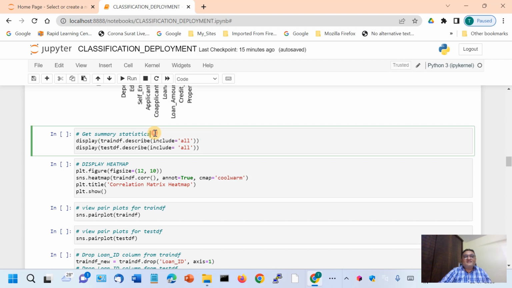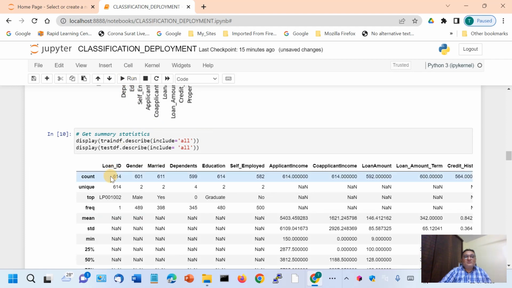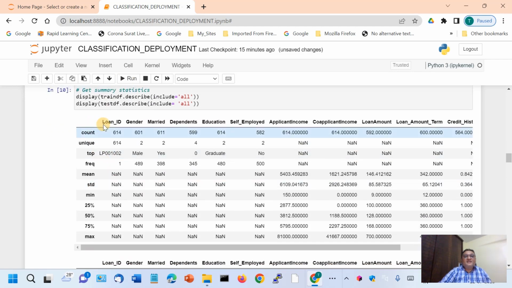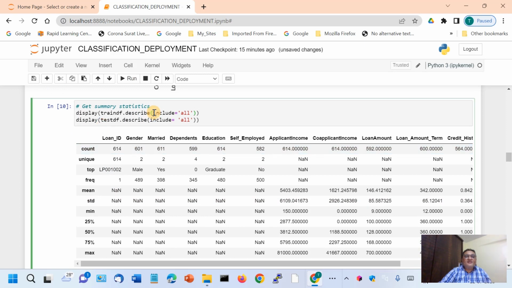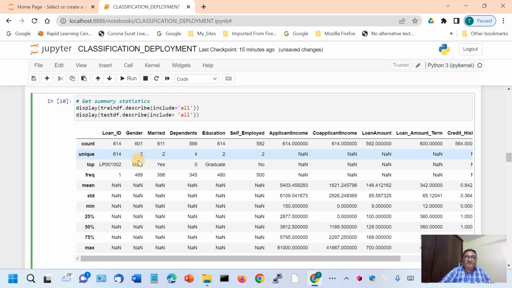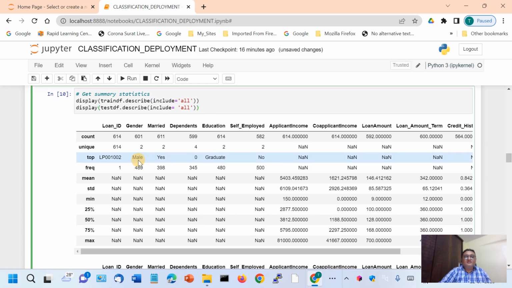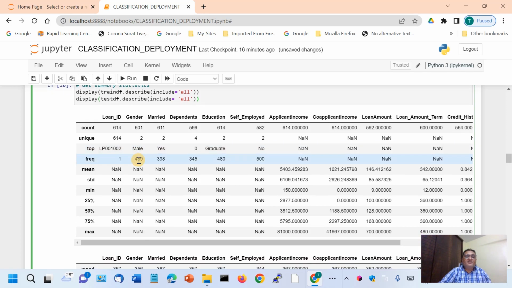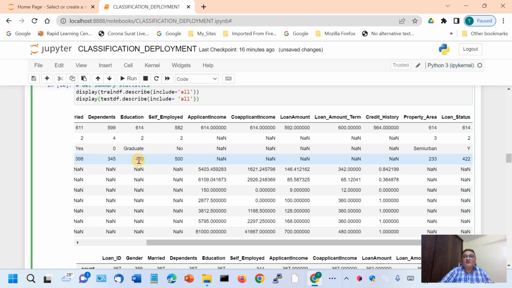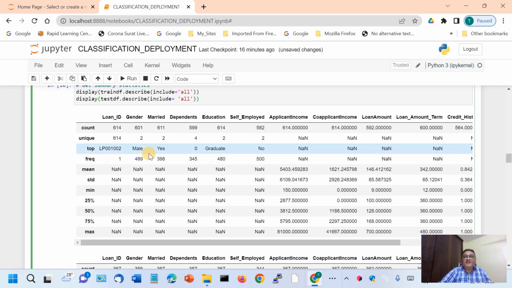Let us get summary statistics. So this summary statistic, in regression we did not include this option. If you do not include include is equal to all, then it gives summary statistic only for number type of columns, but here it will give summary statistic for all the columns, whether they are numerical columns or categorical columns.